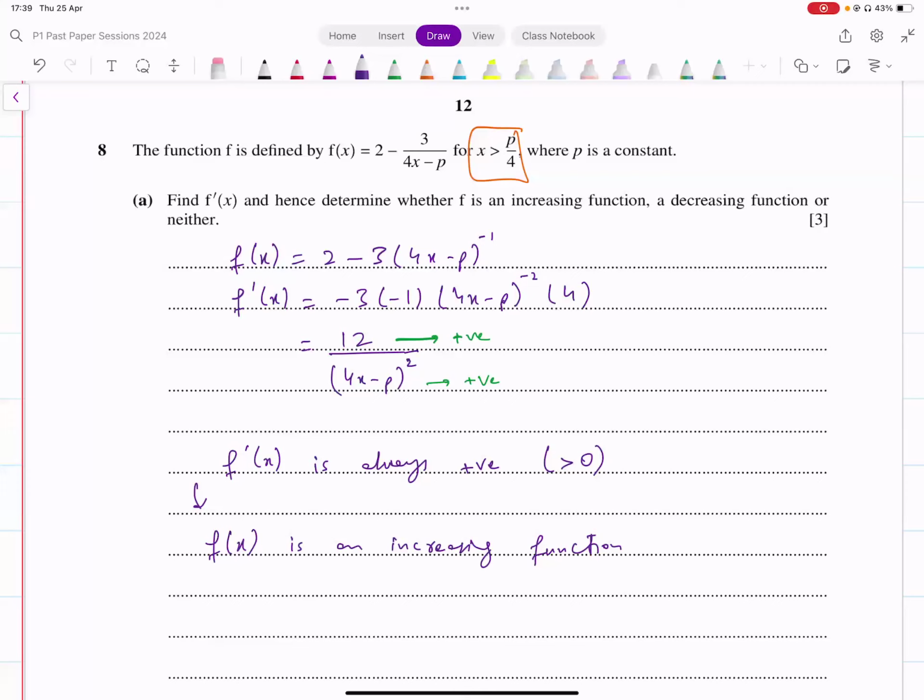So the overall result is also always positive. Make sense? That was part A. No problems in this? All right, good. Let's have a look at the next part now.